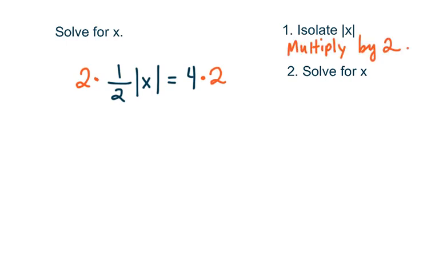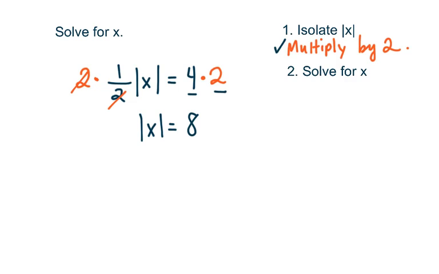When I do that, the 2's cancel on the left side, and we get the absolute value of x is equal to, and 4 times 2 is 8. So we have isolated the absolute value of x on the left-hand side of the equation. The next thing I need to do is think.